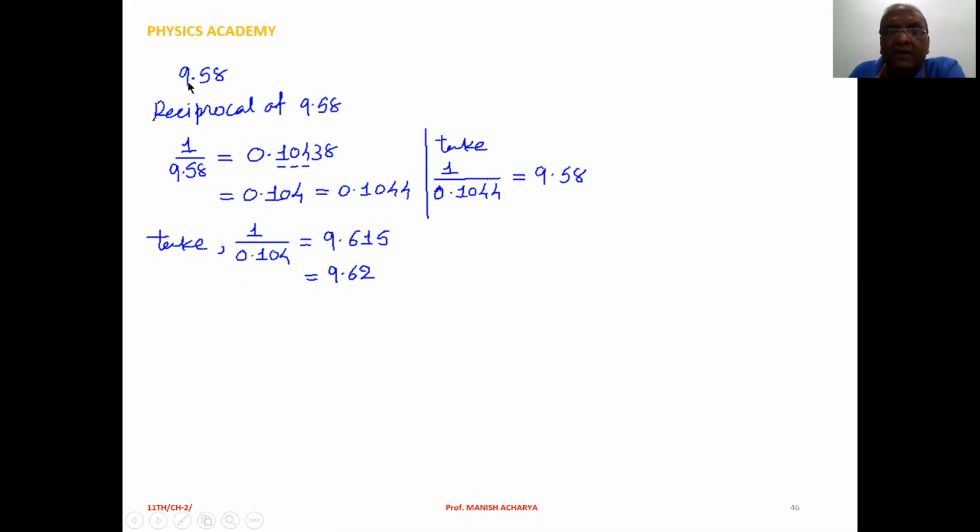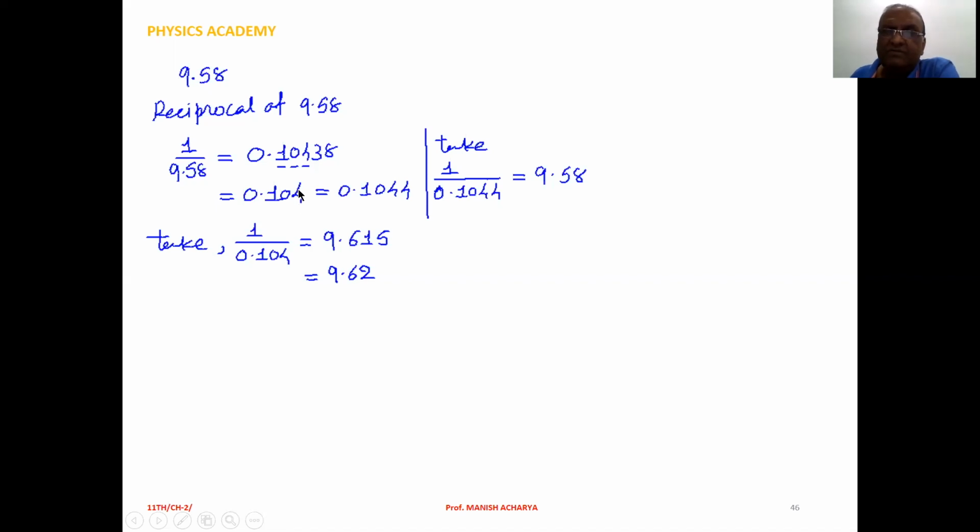Now in 9.58 there are a total of 3 significant digits: 1, 2 and 3. So suppose we restrict this result up to 3 significant digits. Here the discarded digit is less than 5, so the previous one stays as it is. So your result will be 0.104.